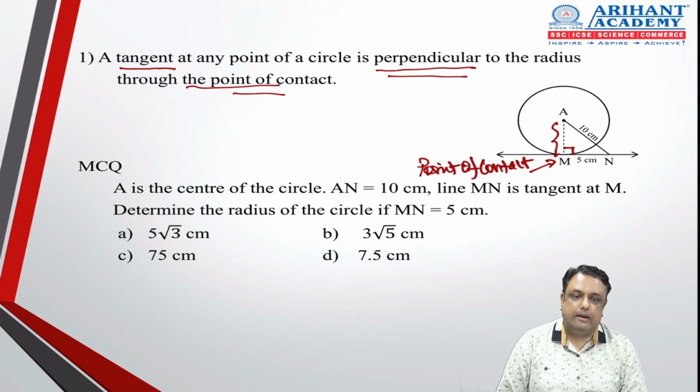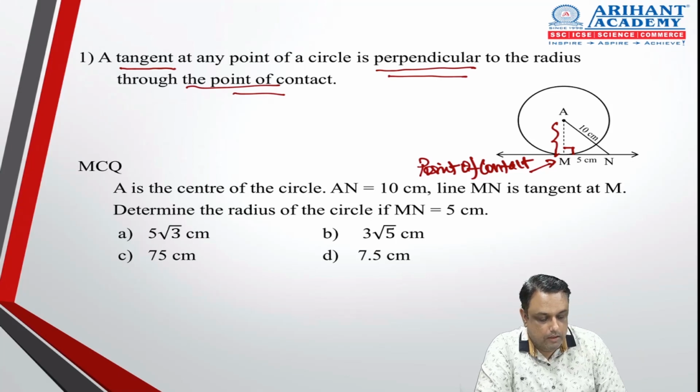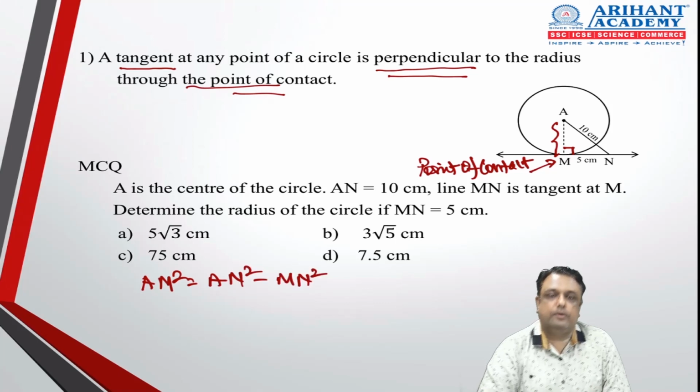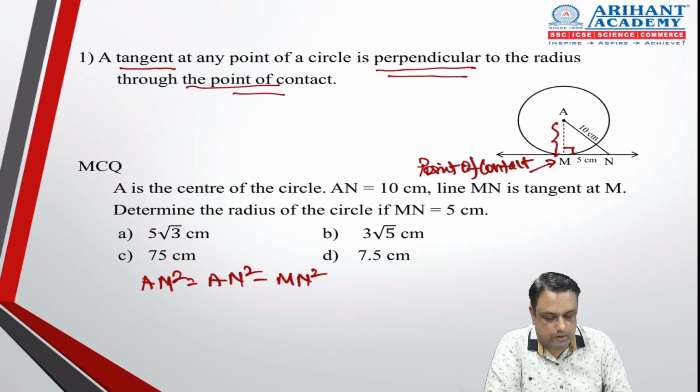Because we have to find AM and because we know AMN is a right angled triangle, can we apply Pythagoras theorem? Yes. So can we say AM square is equal to hypotenuse square minus side 1 square? Correct?